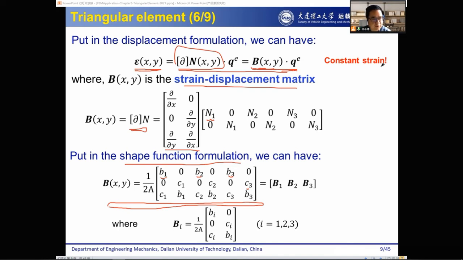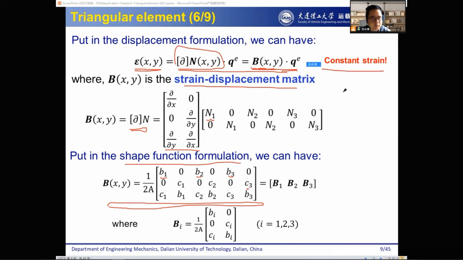So this tells us the physical meaning: the strain formulation, or the strain distribution, in the three-node triangular element is a constant. So it's a constant strain element.